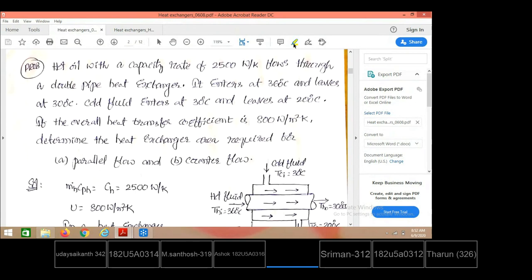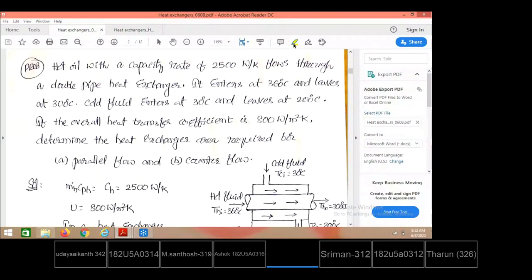Not only does fouling take place due to continuous deposition of particles, but sometimes the fluid flowing over the surface reacts with the material with which it is making contact. Some kind of chemical reaction may take place, and that may cause rust formation to be deposited over the surface. So these are the causes for the surfaces to get fouled.